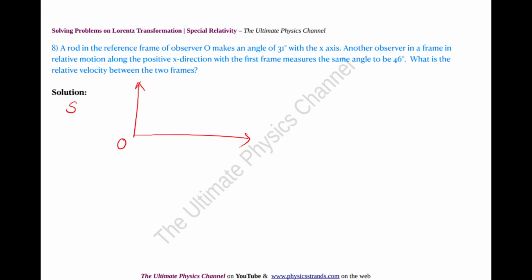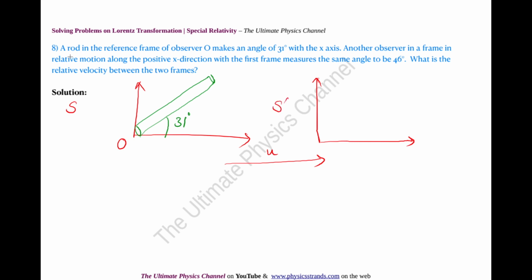Now, in this frame, a rod is positioned, let us say at the origin, doesn't matter where it is, and it is making an angle of 31 degrees in this frame for observer O. Now, if an observer is traveling in another frame of reference, moving with a relative velocity u, let me call that frame S prime, and if he measures this angle with respect to his frame of reference, he would measure that angle to be 46 degrees. That is the question here.